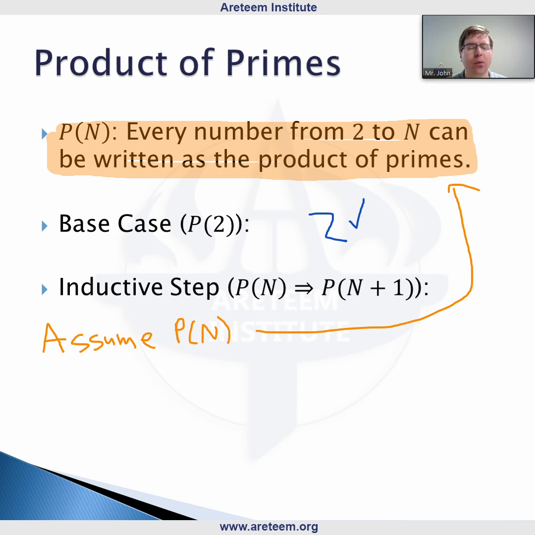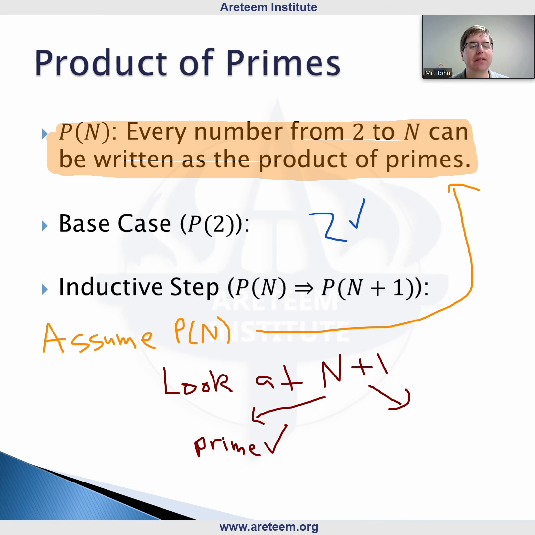So what if we look at n plus 1? We look at our next number. We know that every number smaller than it works already. Well, either n plus 1 is prime, in which case we are done already, or, and here's where the inductive part comes from, what does it mean to be not prime?